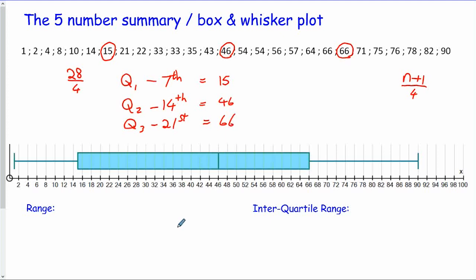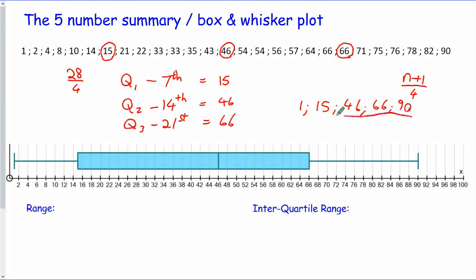Right, so the 5-number summary is the smallest number, which is 1, followed by the 3 quartiles in order, 15, 46, 66, followed by the largest number, which is 90.